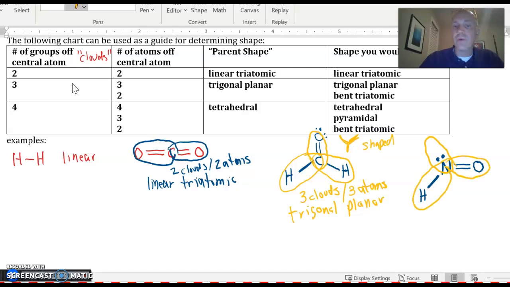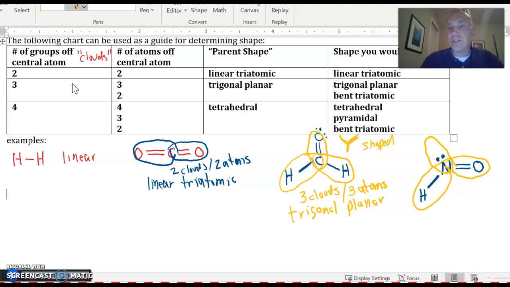This is where we come to the difference between a parent shape and a what-you-would-see shape. These 3 different groups would all want to get as far away from each other as possible, which would make a letter Y, just like we had here, which is Y shaped.